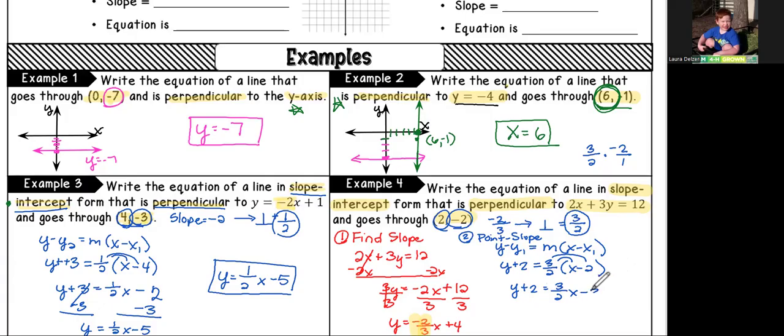Okay, -3. All right, so let's see. We're going to subtract 2. That cancels. And so our equation is going to be y equals 3 halves x minus 5. That is going to be our perpendicular equation.